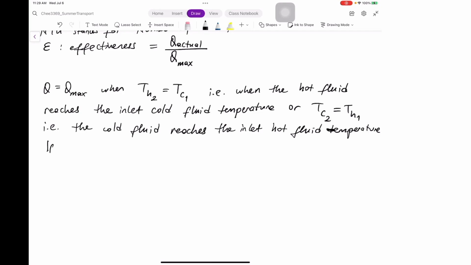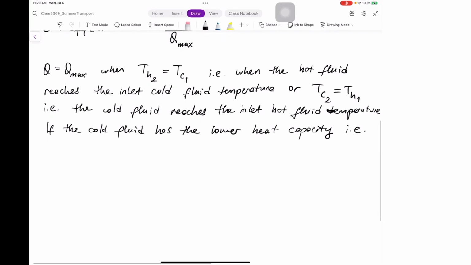There are two possibilities. If the cold fluid has the lower heat capacity, in other words, m dot C_C is less than m dot H C_H. This is total, by the way.